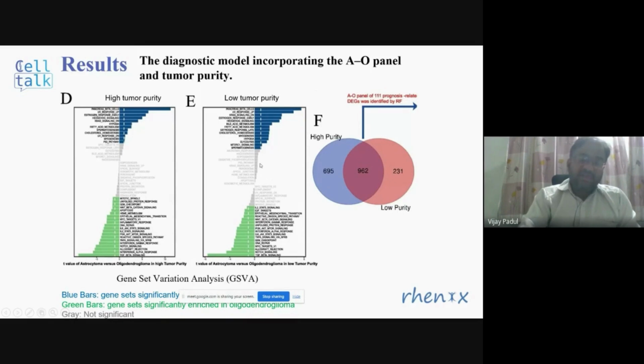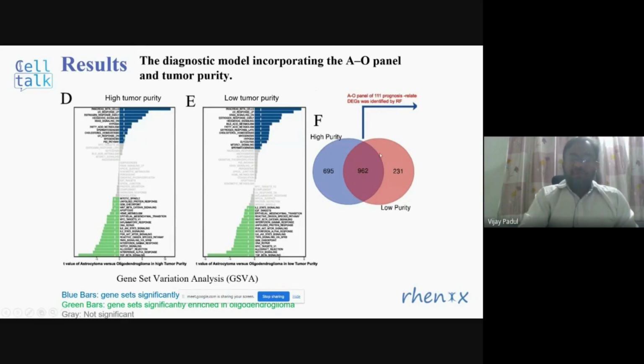And they have identified the variation when tumor purity is considered, when high purity and low purity tumors are considered. So they did identify some differences with respect to the tumor purity in the gene set variation analysis.